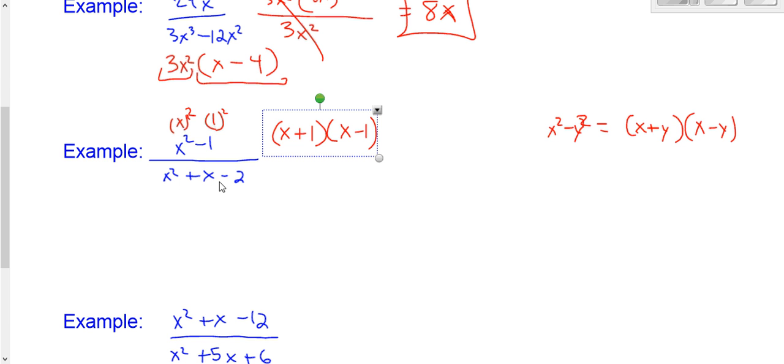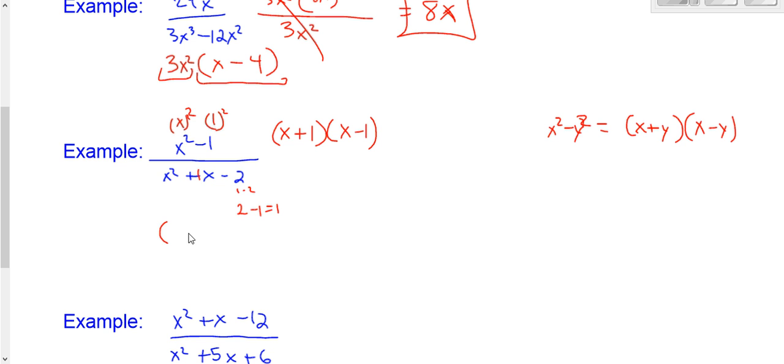With the trinomial down here, there's no number out in front, so all we need to do is look at the last number here, which is a 2. The factors of 2 are 1 times 2. We need to subtract these factors to get a 1, because this is a minus here. So 2 minus 1 equals 1.